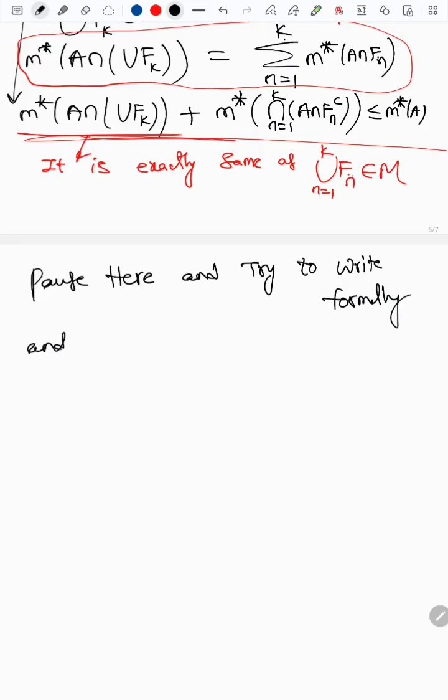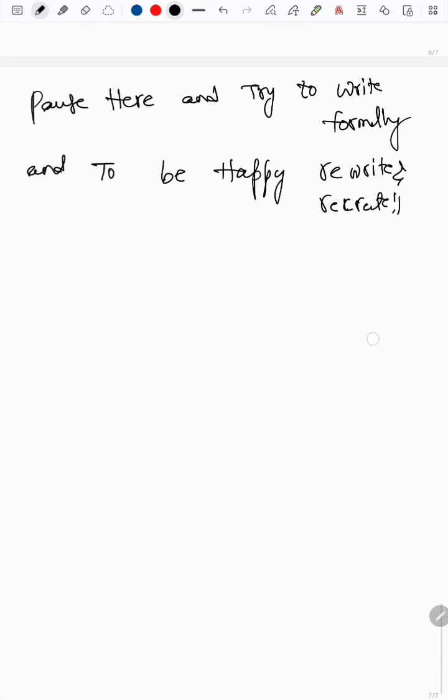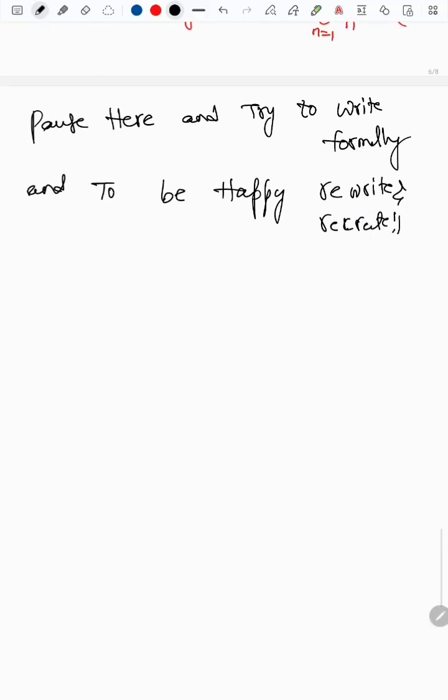To get confidence, to be happy, rewrite this proof, recreate it, and take away a home exercise.